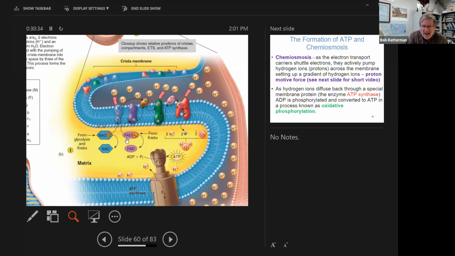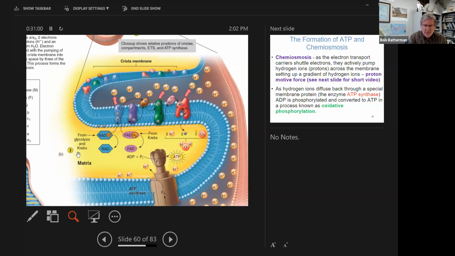So for each NADH that we started with here that dumped off its passengers, the cell makes approximately between 2.5 to 2 3/4 ATPs. And for each FADH2 that dumps its electrons off, the cell makes about 1 3/4 ATPs, approximately.